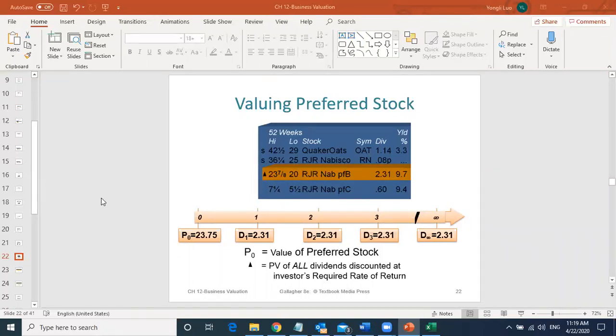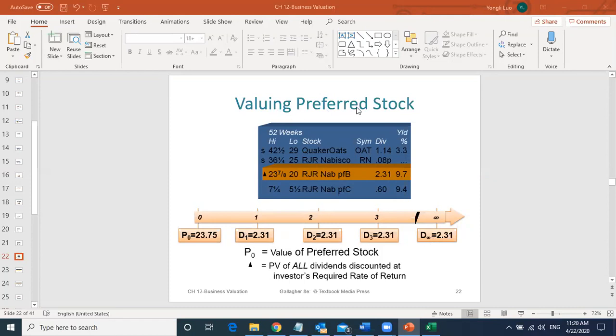To remember the characteristics of preferred stock: what is a preferred stock? Preferred stock is one where the dividend is fixed and paid forever.